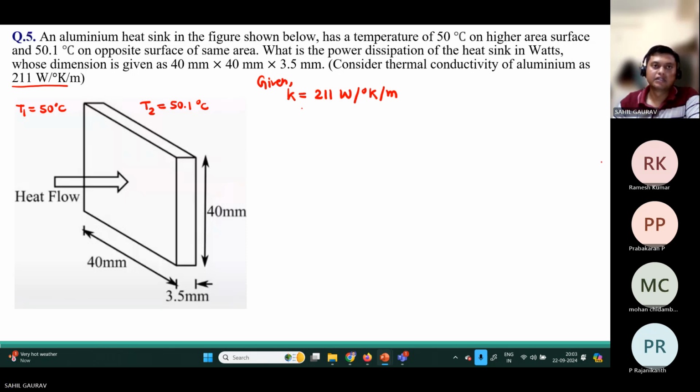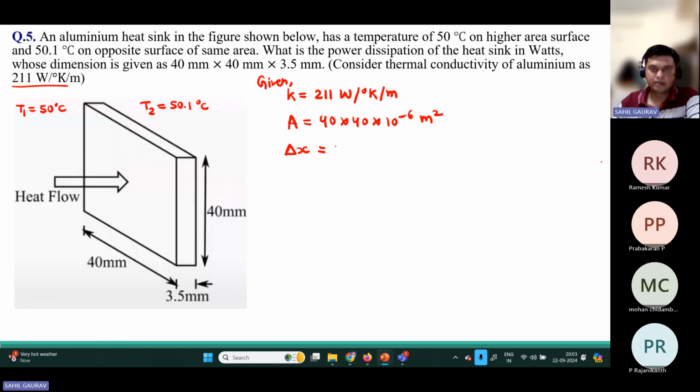And let us find the area through which this heat flows. So area will be 40 cross 40 into 10 to the power minus 6 meter square, and delta x is the width of the heat sink.